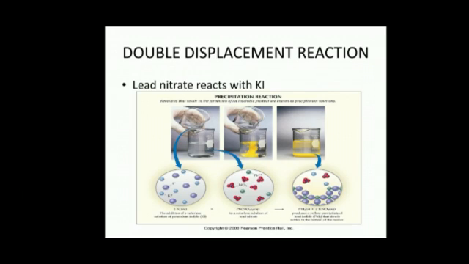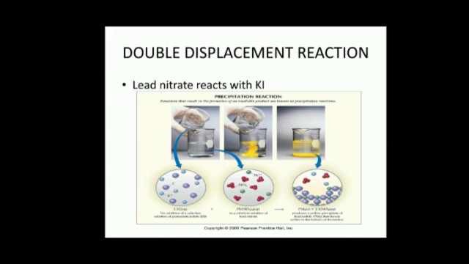Now another type of chemical reaction is double displacement reaction. Look at the image, one image along with the reaction. When double displacement reaction takes place between aqueous solution of potassium iodide and aqueous solution of lead nitrate, what happens?